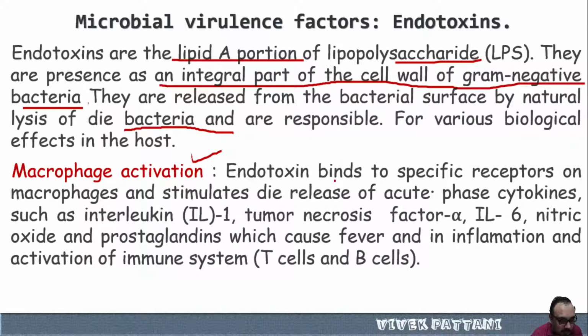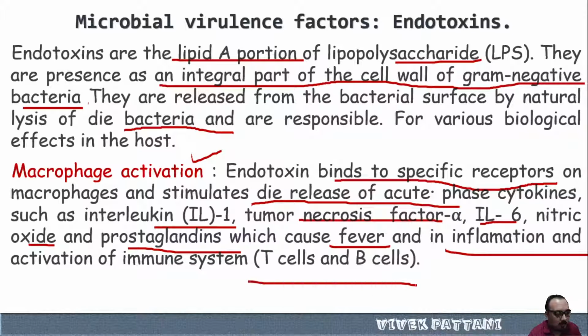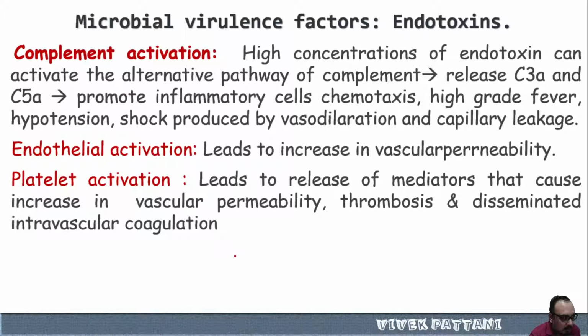Endotoxin binds to specific receptors on macrophages and stimulates release of acute phase cytokines such as interleukin 1, tumor necrosis factor, IL-6, nitric oxide and prostaglandins, which cause fever, inflammation and activation of immune T and B cells.